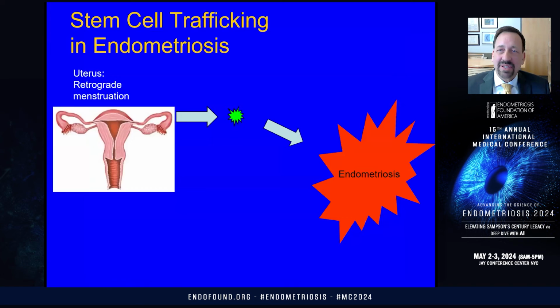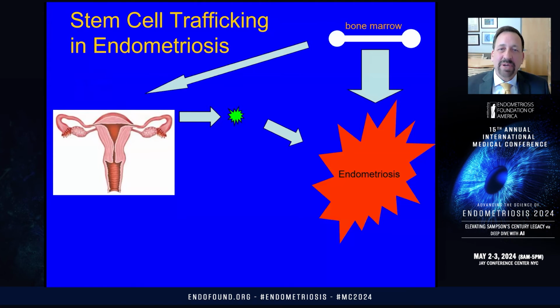in these organs. So when we think about cell trafficking in endometriosis, this really is a disease of cells moving around the body. We've always thought of it that way from the old theories of retrograde menstruation, where cells come out of the uterus and traffic to the peritoneal cavity. But now we know that cells from bone marrow can go both to the uterus and feed the endometriosis.